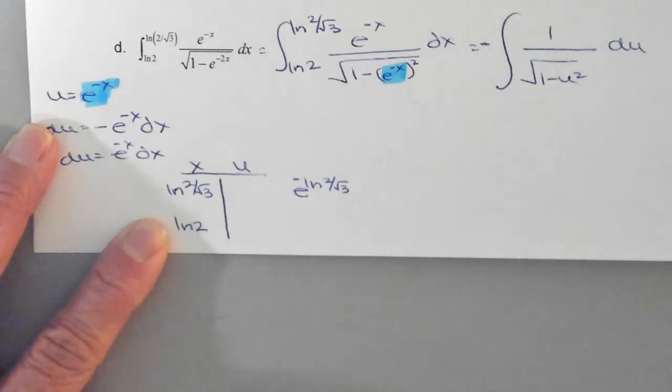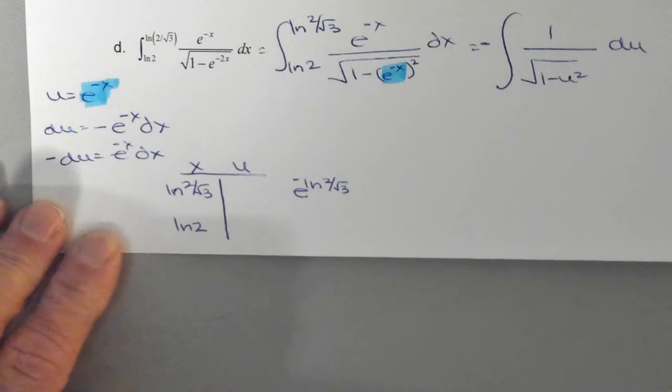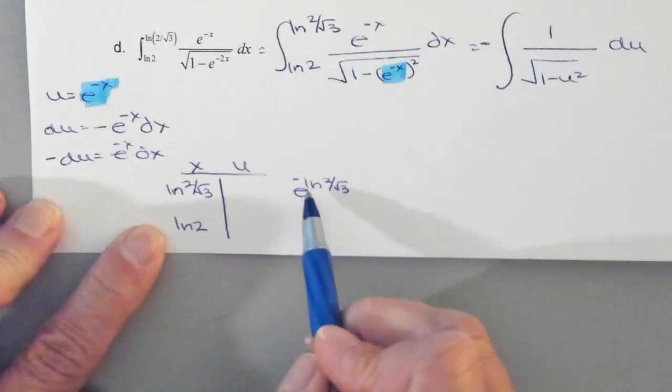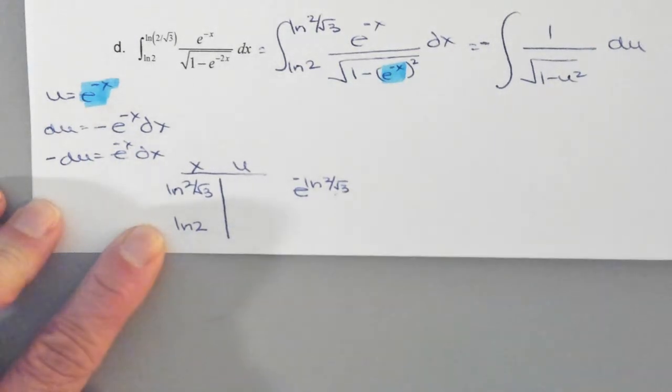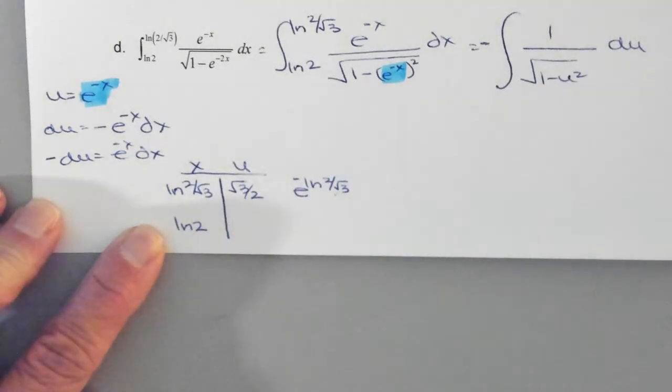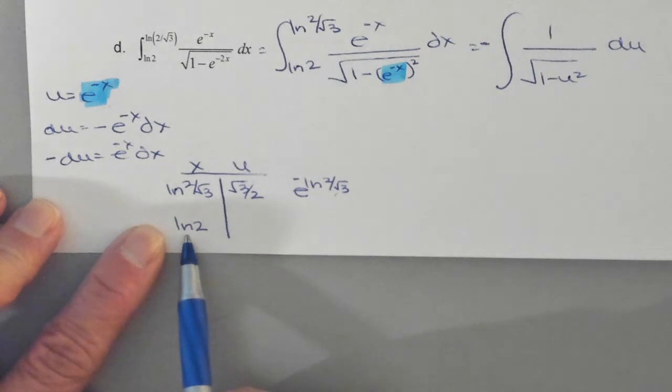That's my substitution. Square root of 3 over 2. Because it becomes 1 over this based on how we did that previous problem. So it's a square root of 3 over 2. Okay, so based on this pattern, what do you think this is going to be? Yeah, it's 1/2.